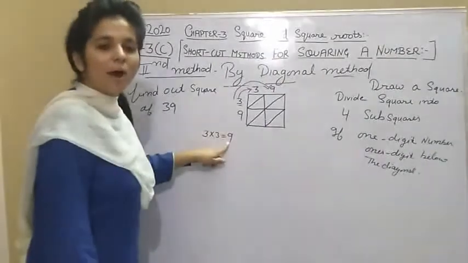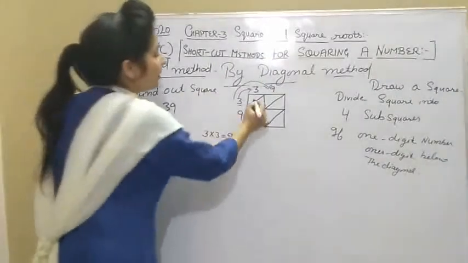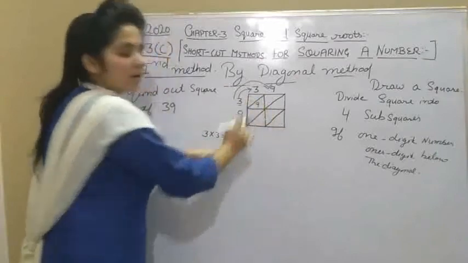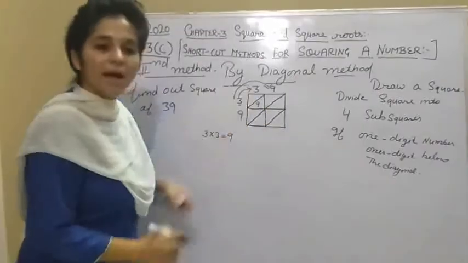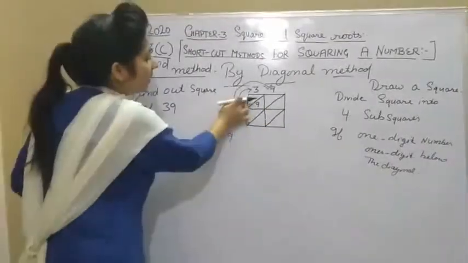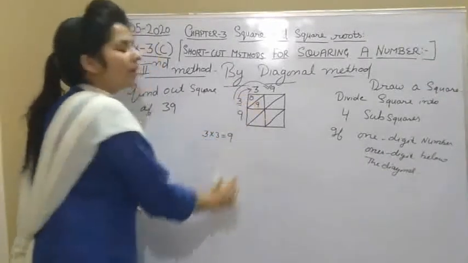Your required number is 9. You will write 9 below the diagonal and above the diagonal you will write 0.